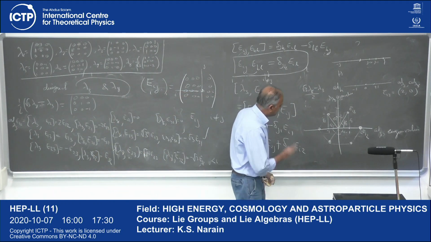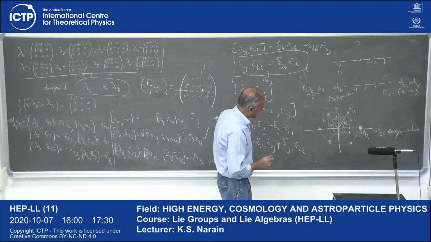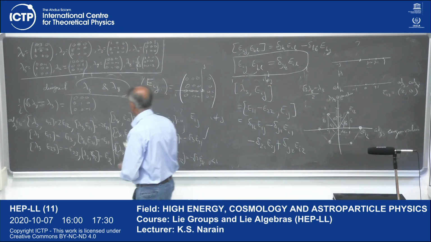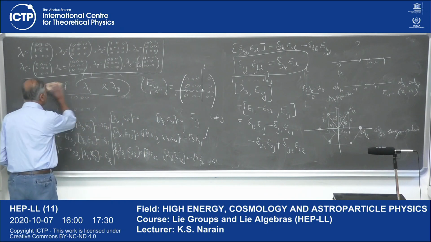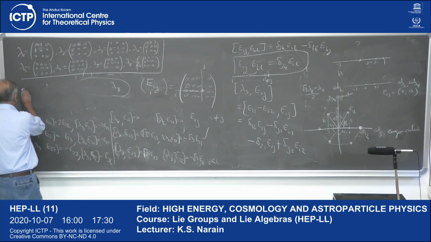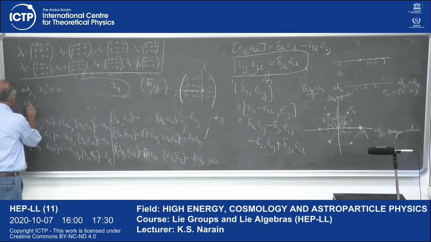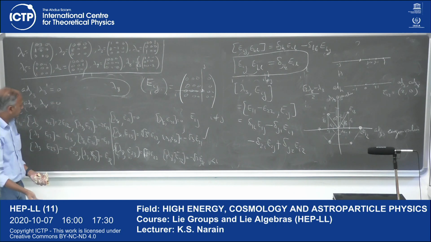Now, if you look at this picture here, of course I can add to this also: ad lambda 3 acting on lambda 3 is of course 0, because lambda 3 commutes with lambda 3. And the same thing, ad lambda 3 acting on lambda 8 is also 0. Both are diagonal matrices, so the commutator is 0.